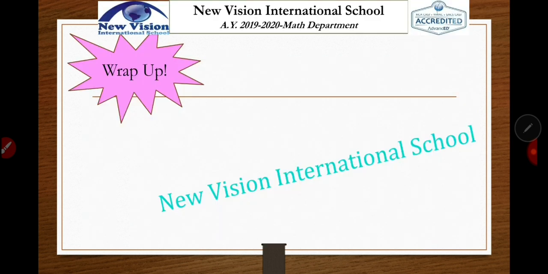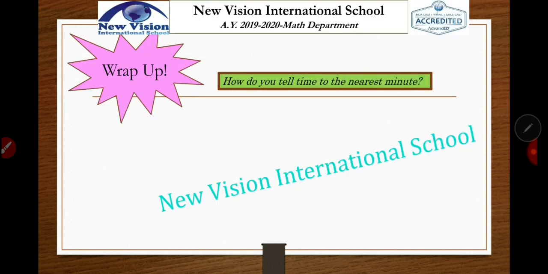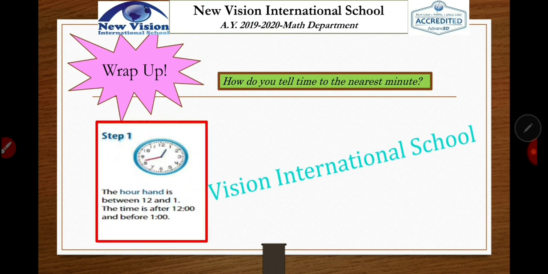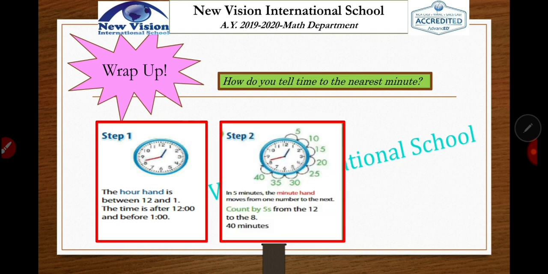Okay. Now, let's have a wrap up. Okay, always remember this one. How do you tell time to the nearest minute? Remember the steps. We have step 1. For example, we have here this time, the hour hand is between 12 and 1. The time is after 12 and before 1. Step 2, you're going to identify the minutes, okay? In 5 minutes, the minute hand moves from one number to the next, okay? So just keep count by 5. So count by 5s from the 12 to the 8.